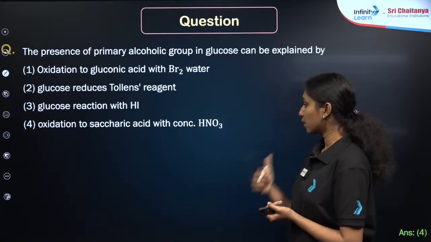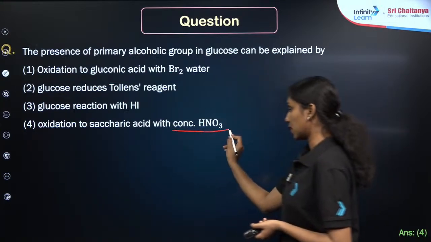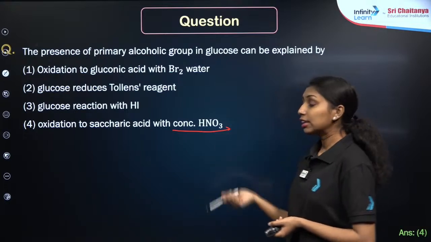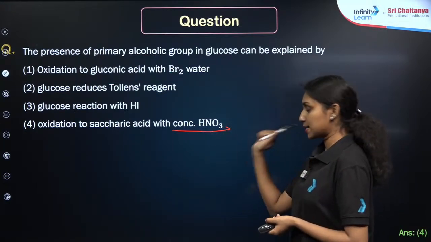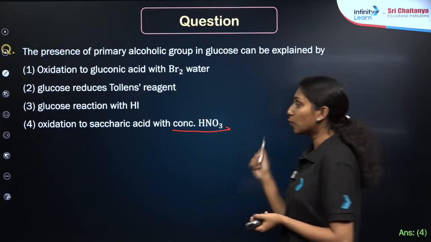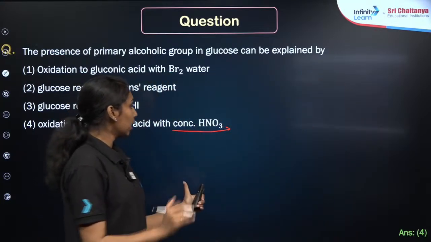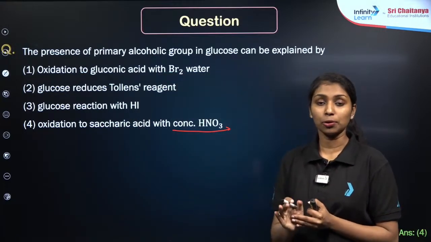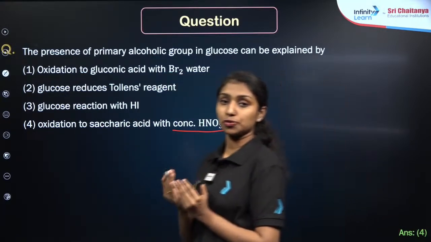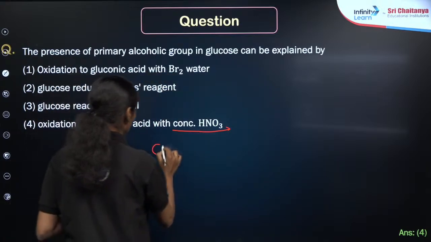Oxidation of glucose and gluconic acid with concentrated nitric acid, a strong oxidizing agent. Whenever glucose or gluconic acid reacts with concentrated HNO3, it will form the dicarboxylic acid known as saccharic acid, which means that the OH group present in the glucose molecule is the primary alcoholic group. It also undergoes oxidation to form the carboxylic acid group, right?